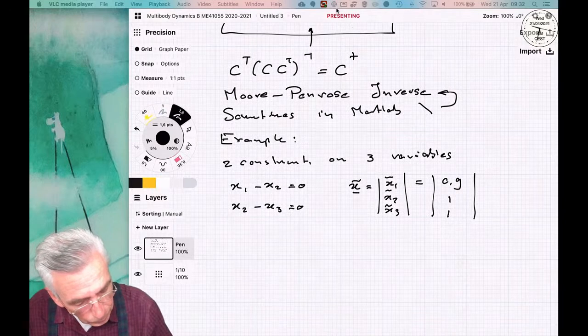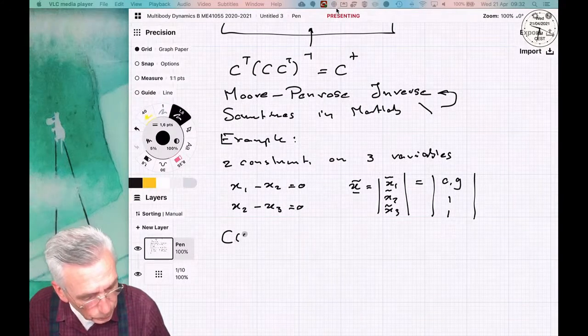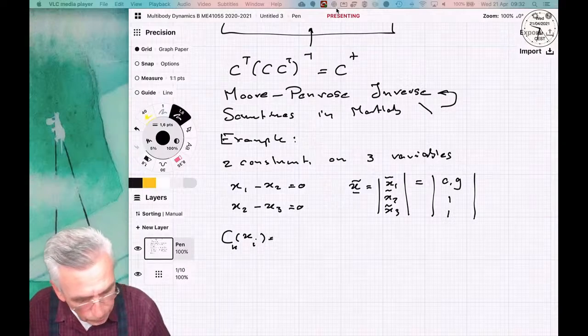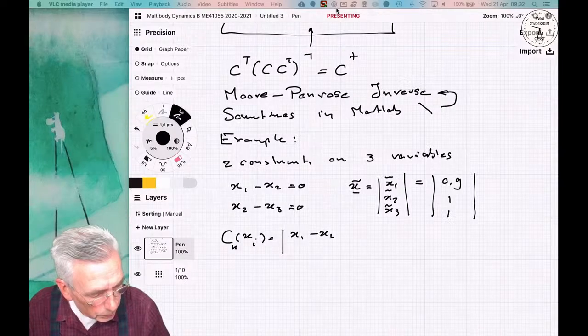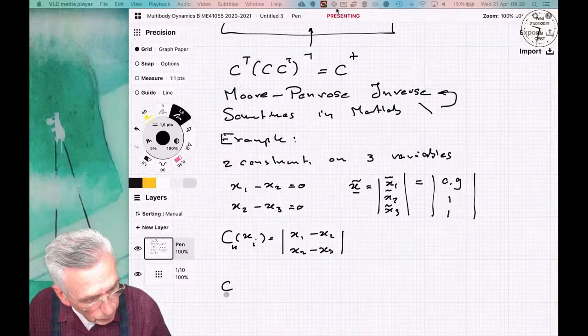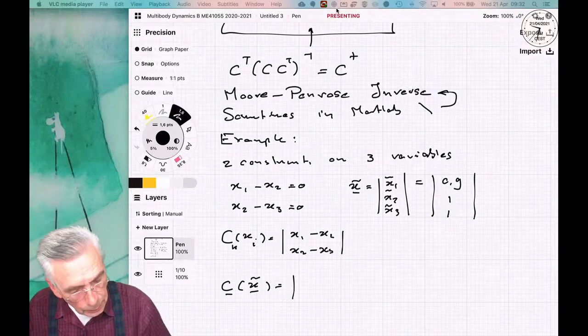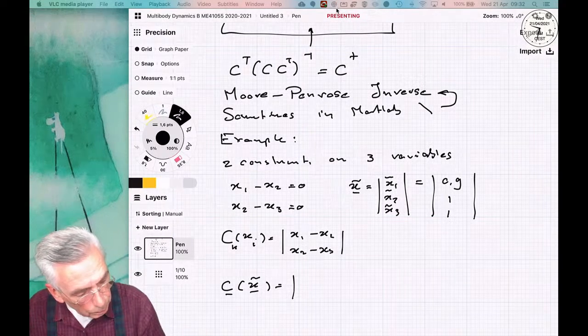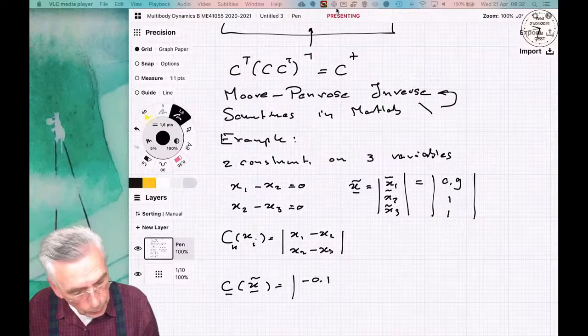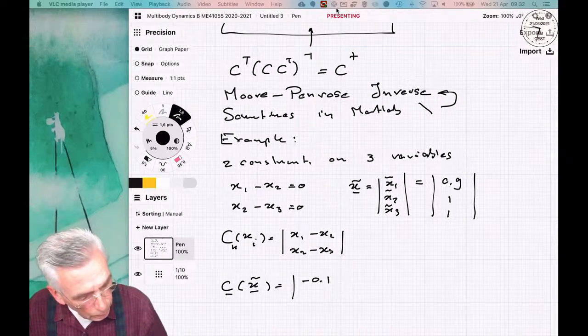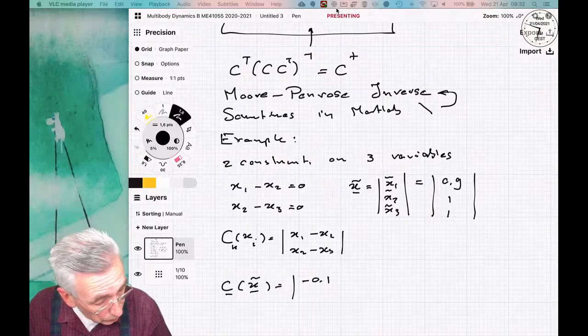Well, if you form nicely what is the c_k of x_i, these two equations, x1 minus x2 and the other one is x2 minus x3. If I then determine what the constraint values of this estimate are, then the first one is x1 minus x2, so that's minus 0.1, and the second one is x2 minus x3, that's 0.